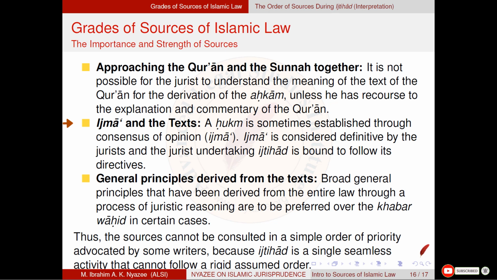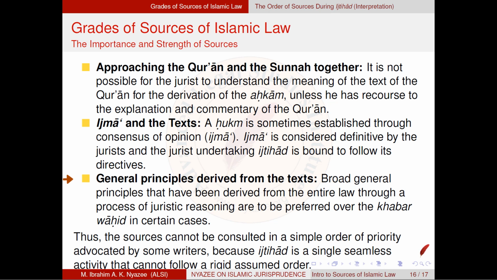Ijma is considered definitive by the jurists, and the jurist taking ijtihad is bound to follow its directives. Where an issue has been settled by ijma, jurists like Imam Ghazali say that the person undertaking ijtihad must first consult ijma, as an issue once settled through ijma cannot be reopened by the interpreter. The viewer will come to understand these details as we move along in the course.